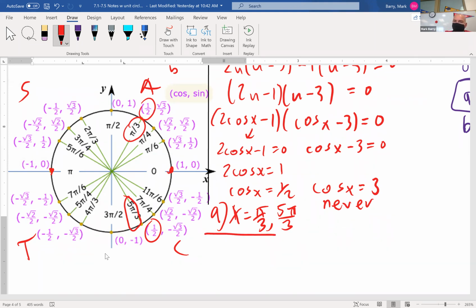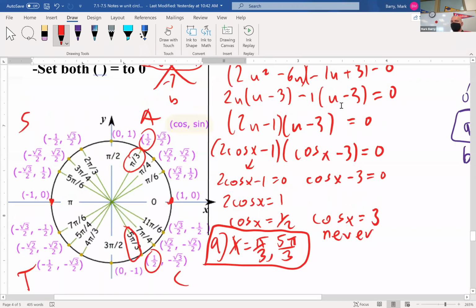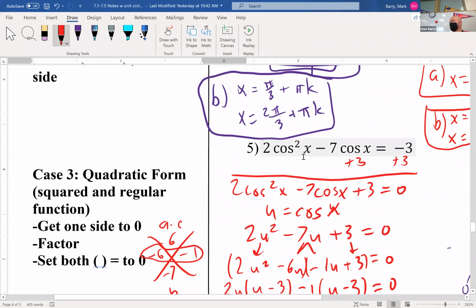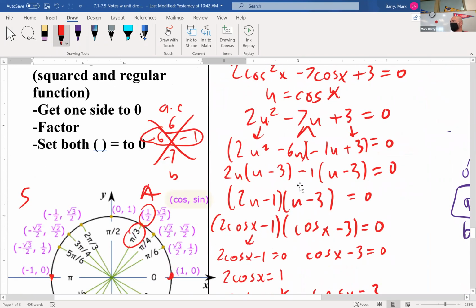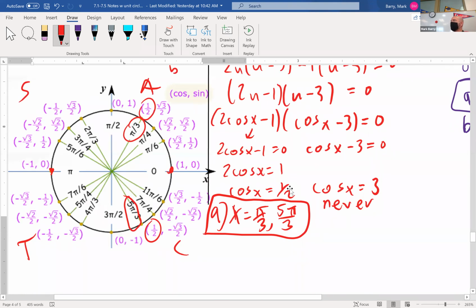However, I'm going to say that these two, I'm just going to box up those two answers. Because remember that we're solving this big equation back up here, right? Like this is our goal, is to solve this equation. Now we did break that up into 2 smaller equations. And so even if this one doesn't give you any answers, just focus on the part that did give you answers.